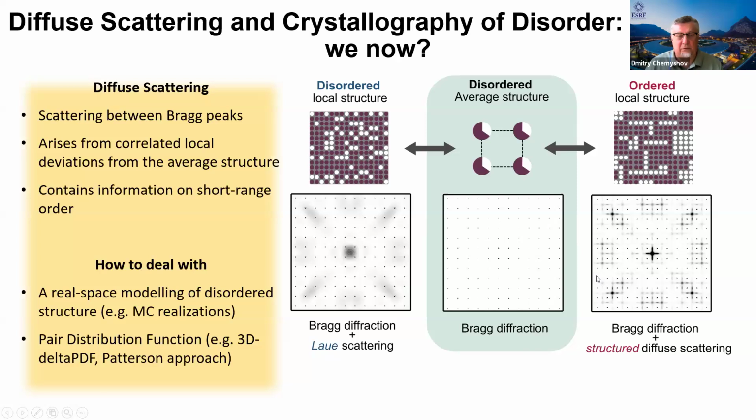The obvious way to solve the real structure is to do real space modeling of disordered structures, something like Monte Carlo realizations, but there could be millions of them, and none of them is unique. Or we can do a Fourier transform of our diffuse scattering, and then we have a sort of Patterson function for the deviations from the average, an approach now called 3D delta PDF.